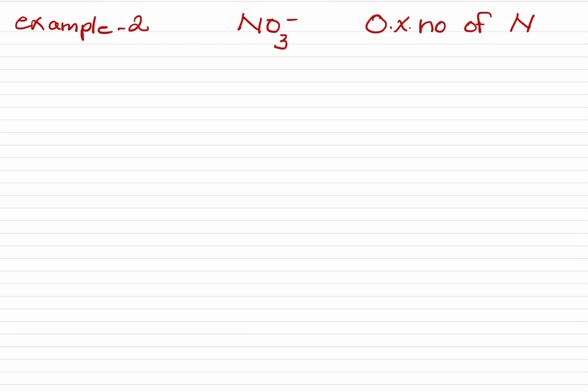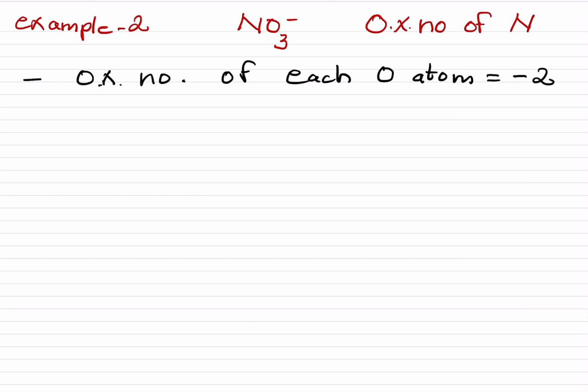Example number 2 is a polyatomic ion, nitrate, NO3, and it has a negative charge. So here we have to find the oxidation number of nitrogen. The oxidation number of each oxygen atom equals -2.